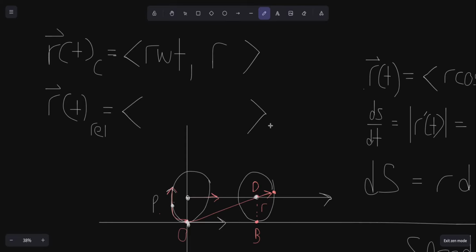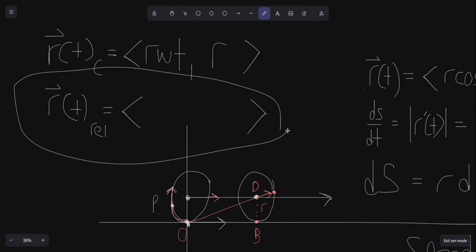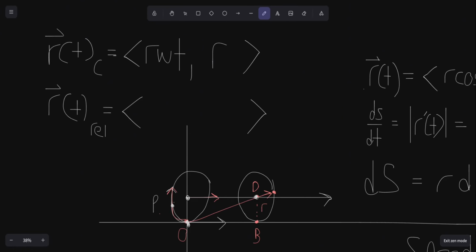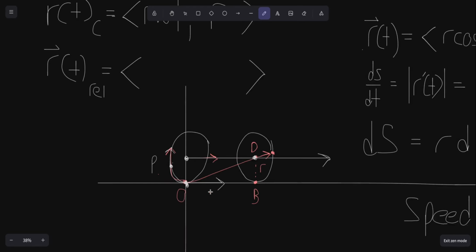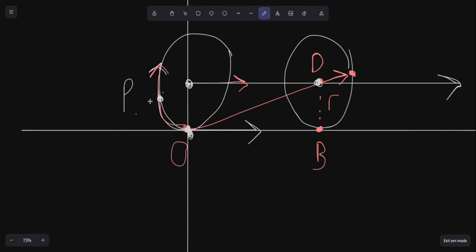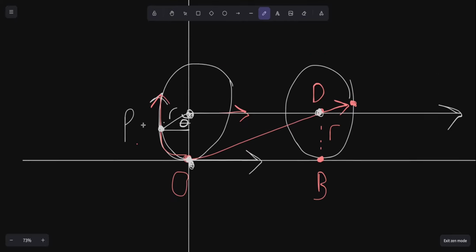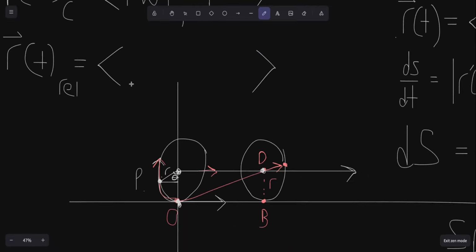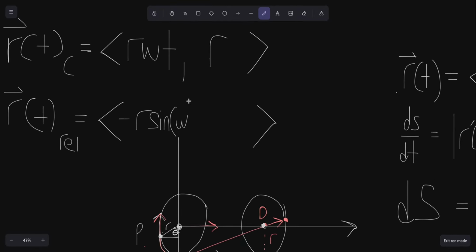Well, the vector valued function that I have below is going to model the position of the point relative to the center. So if I have my center here and I have this point P relative to the center, we're going to use our same trigonometry as before. And you might remember that in the x direction, we had negative r sine of, in this case, omega t.